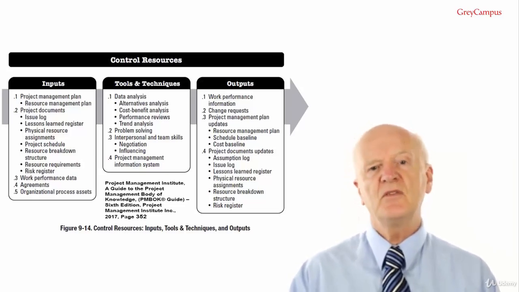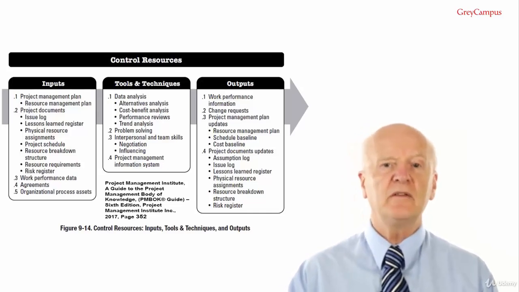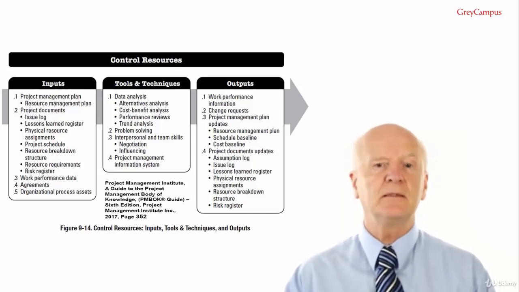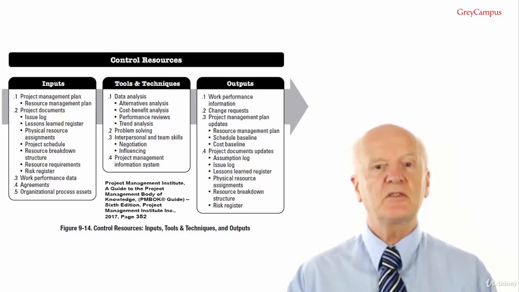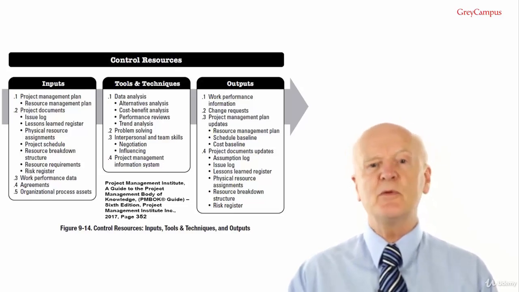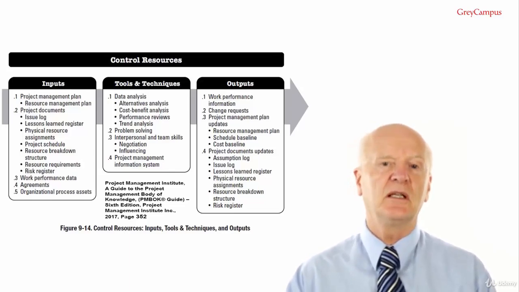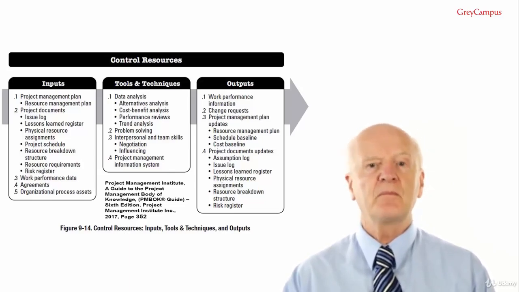Project schedule. This shows the resources that are needed, when they're needed and the location where they're needed. The resource breakdown structure provides a reference in case any resource needs to be replaced or reacquired during the course of the project. Resource requirements.